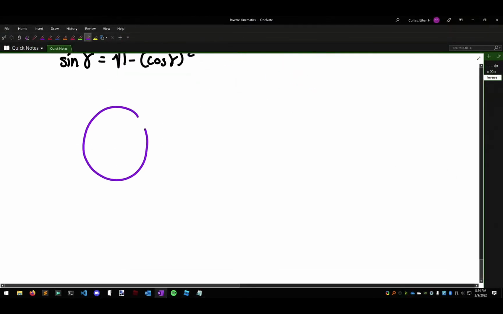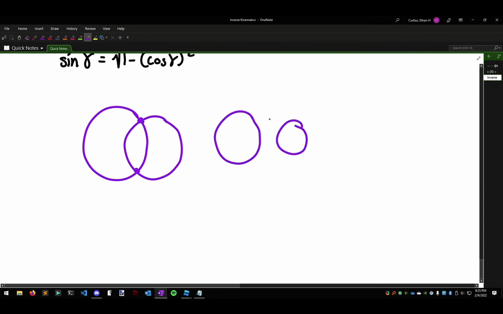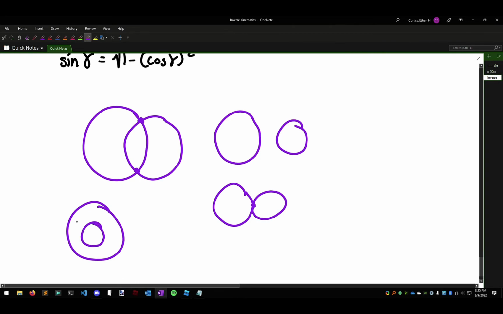There's the good case, which we like, where they do intersect and we actually have elbow positions. But then there's also the case where the wrist is too far away, or they can be touching at one point, or it can be completely inside of the shoulder. So this is just kind of nonsense. Your arm would be completely broken.